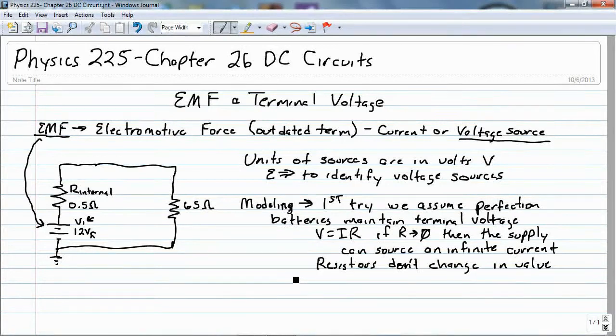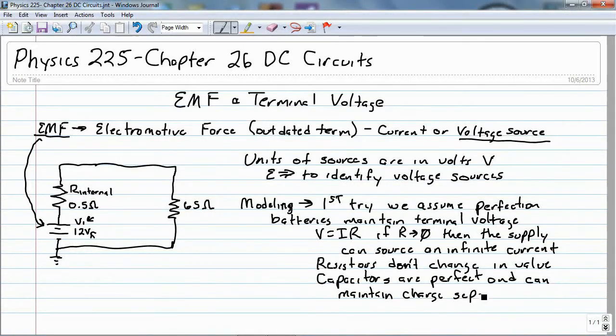With capacitors, we just assume that they're perfect capacitors. Inductors, we'll have to talk about that one later. But capacitors are perfect and can maintain charge separation at infinite potential.